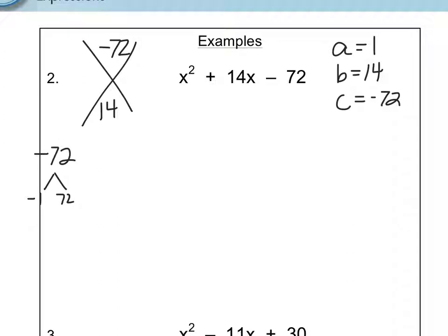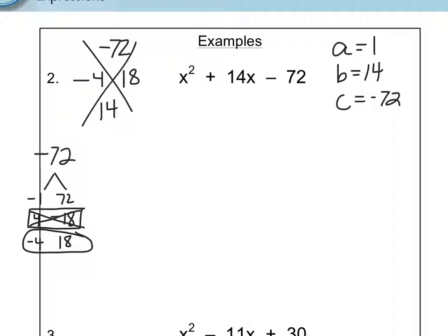As I'm looking at factors of 72, I know I have a 4 and an 18. 4 times 18 is 72, but I'm going to go negative on the 18, or negative on the 4, because one of these has to be negative. The question is, do these two add up to be positive 14? Well, no, they add up to be negative 14, so those are out and these two are in. So my two numbers are negative 4 and positive 18.